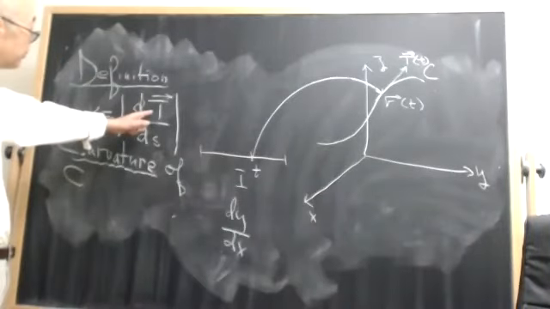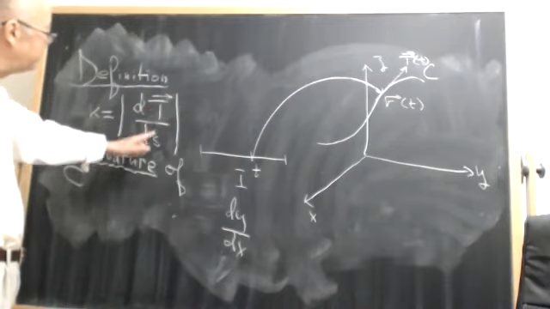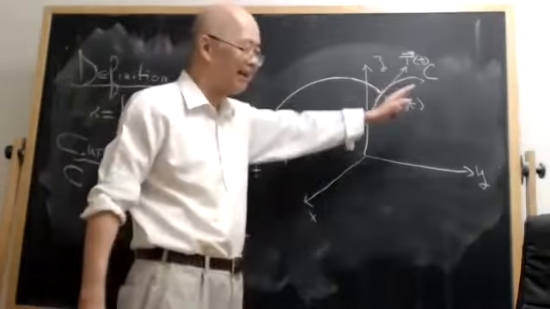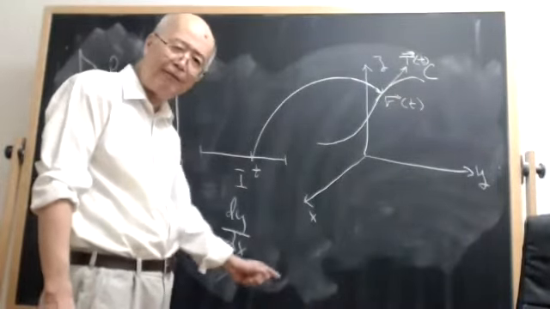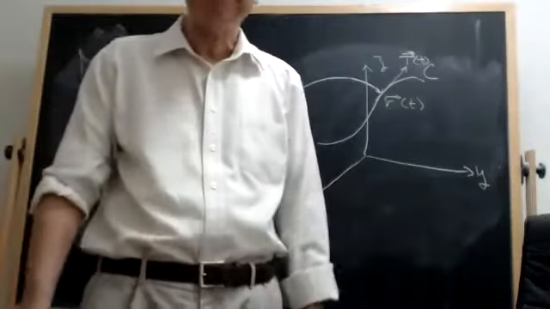Same idea, except that we are now more sophisticated because this is a vector. This is the arc length, not x, not the length of a small interval.